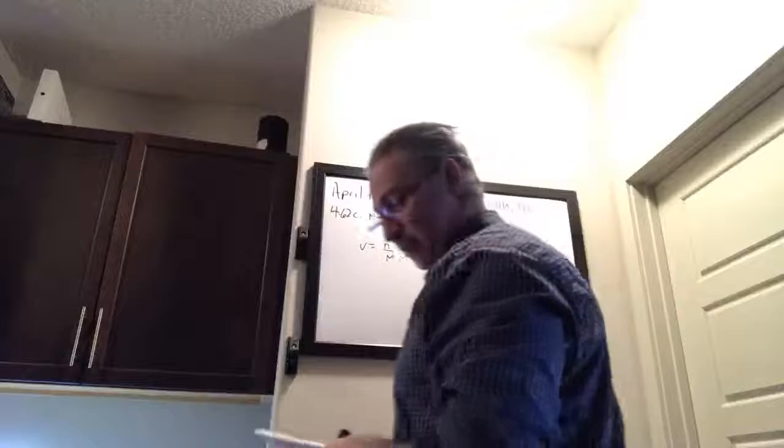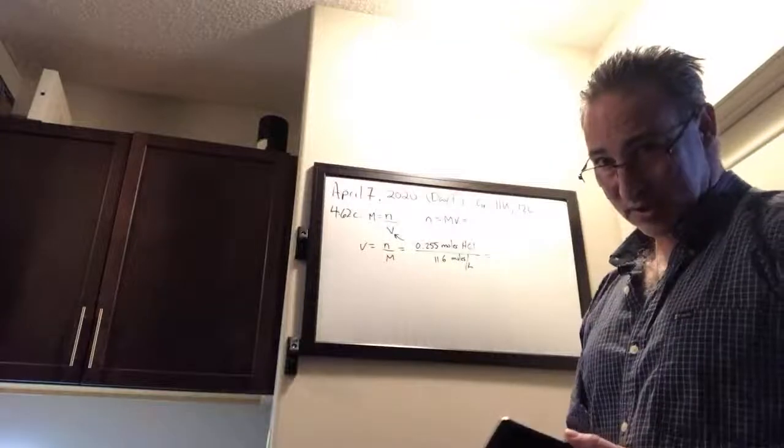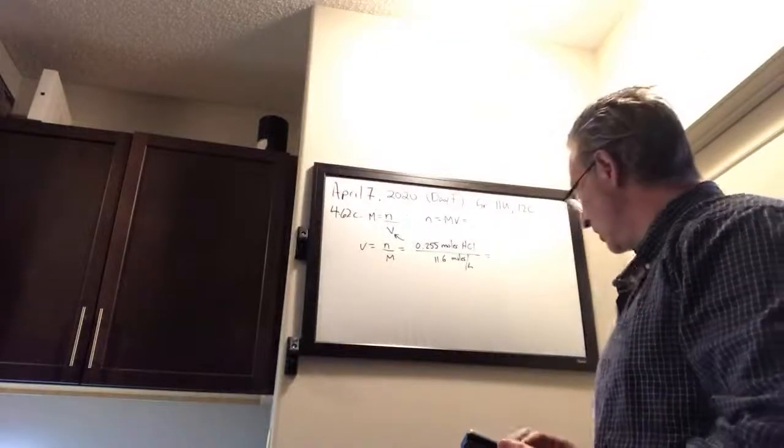So 0.255 divided by 11.6 will give us our answer in liters, and then we'll multiply by 1,000 to turn it back into milliliters.